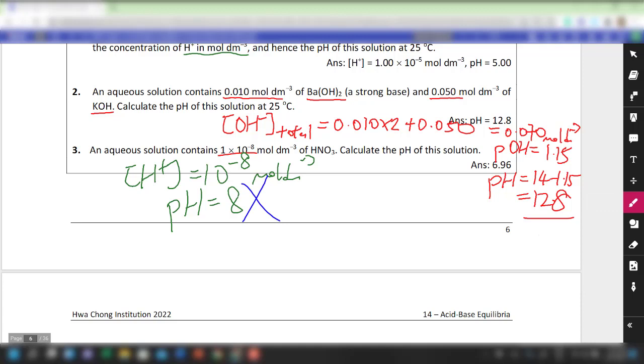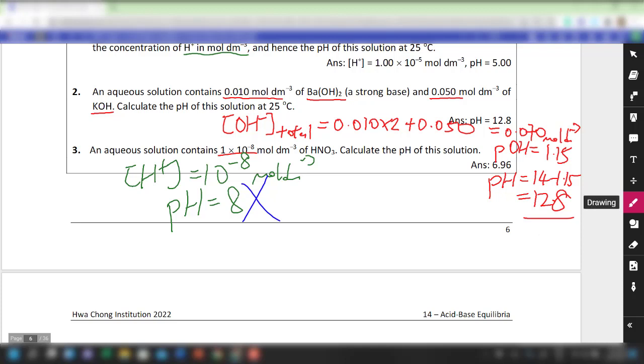Because for an aqueous solution at 25 degrees Celsius, pH cannot exceed 7, because that would mean that there's an imbalance of OH minus against H plus. So why is this incorrect? Because the concentration of H plus from the strong acid is less than 10 to the power minus 7, you have to incorporate the auto ionization of water in your summation of the concentration of H plus.